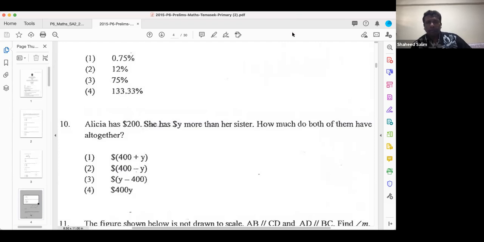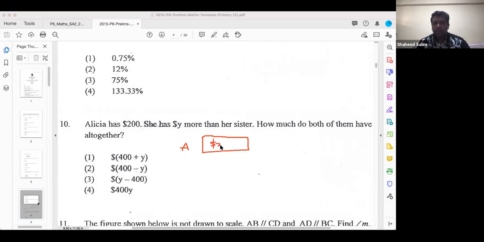Okay, we have someone here coming in. Okay, no problem. What about Akil? Okay, so let us see now. First of all, to do this, I'm going to draw a model. There are two girls by the name, one is Alicia, the other one sister. She has $200.